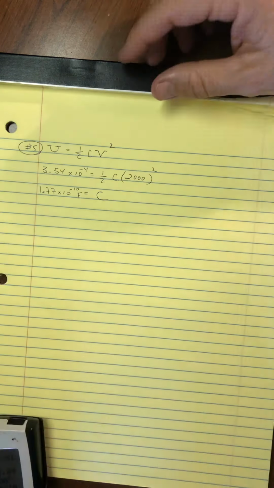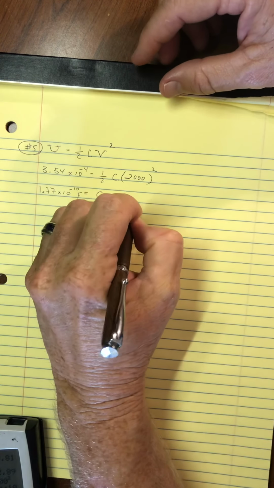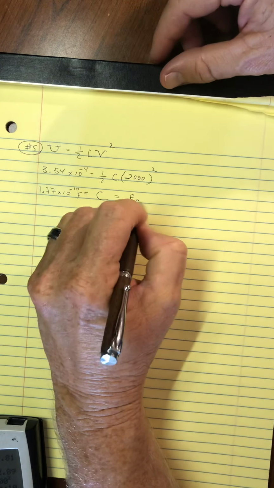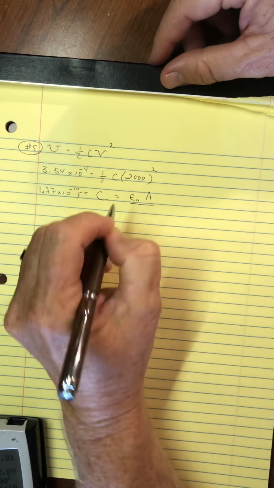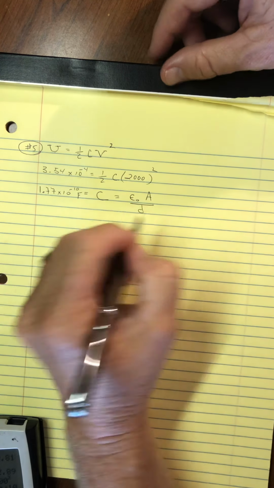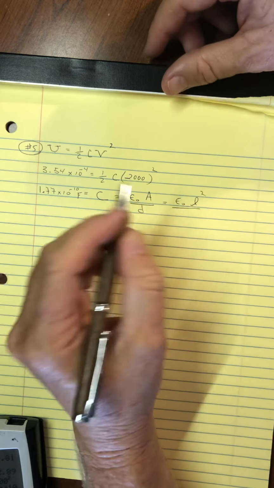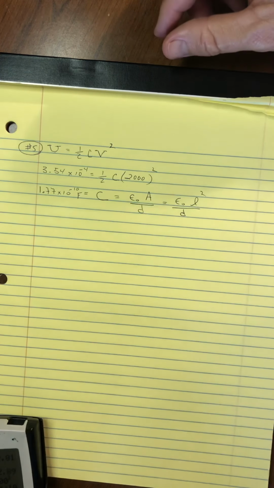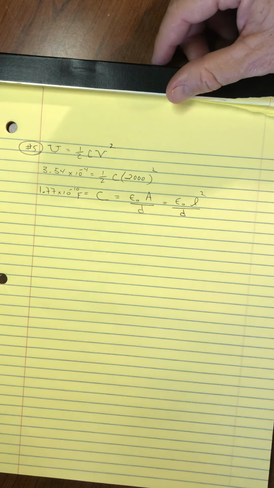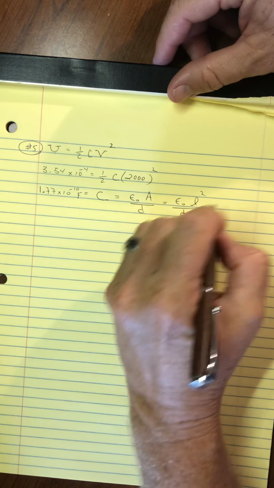The other thing we learned is that for a parallel plate capacitor, it is epsilon naught, the permittivity of free space, times the area of the plate over the separation distance. Now in this case, since we're talking about a square, I'll just put in L squared.